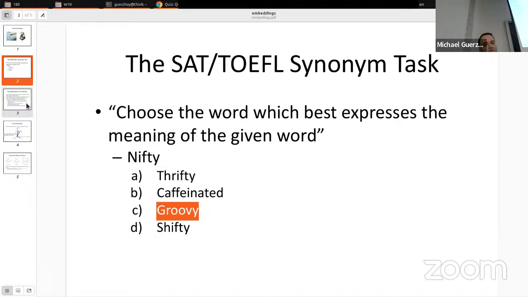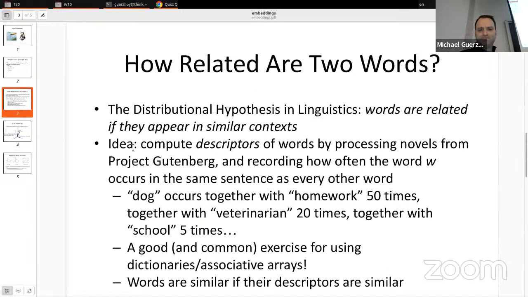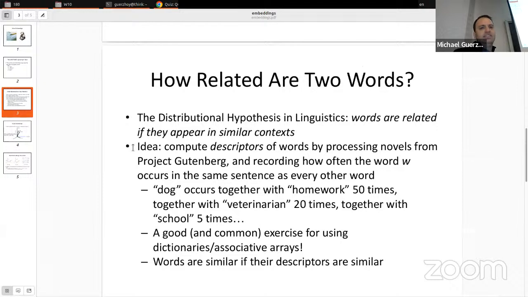So we want to do it without a dictionary by just ingesting a bunch of text, the way that ChatGPT does. So here's the basic idea. How related are two words? Linguistics has this thing called the distributional hypothesis. The distributional hypothesis says that words are related if they appear together in similar contexts.